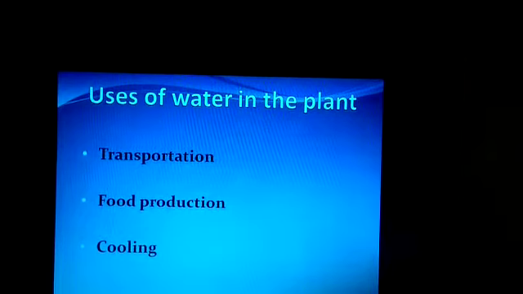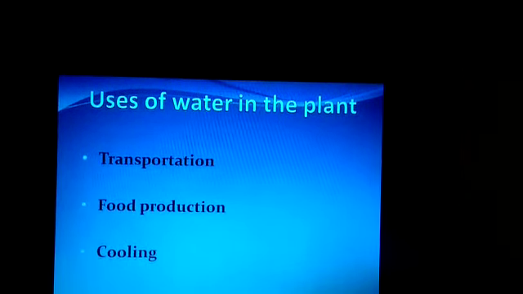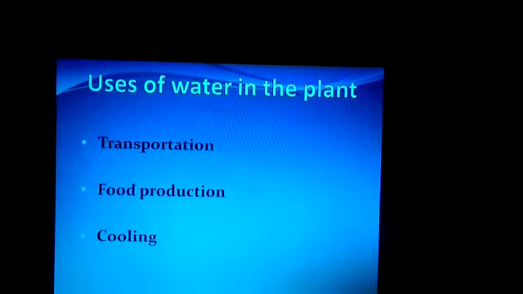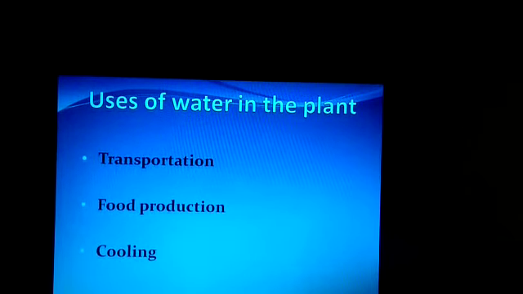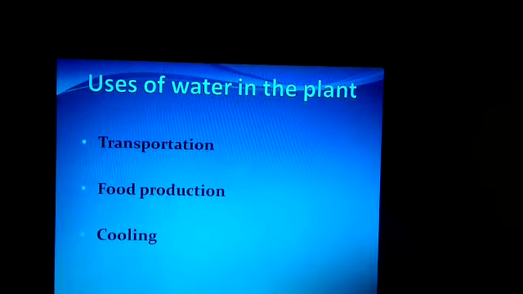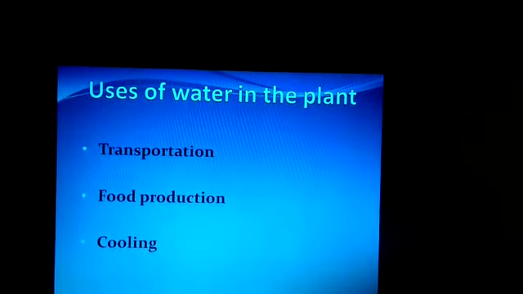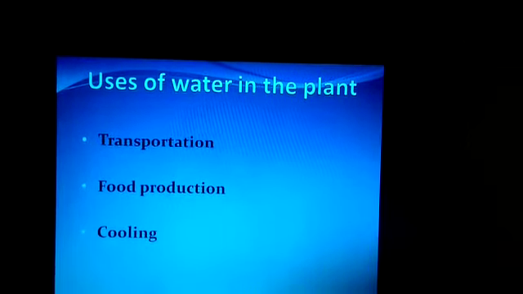Transportation: water in the plant body, both in xylem and phloem, transports substances in a solution form from one part to another part. And water is also utilized for food production. As you know, water is used up in the process of photosynthesis for food production.